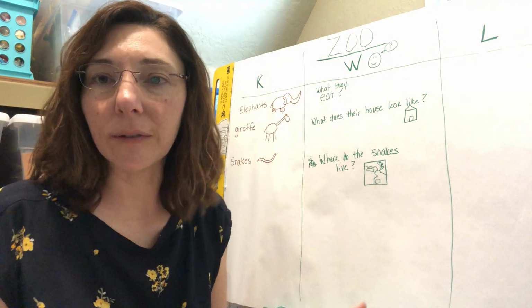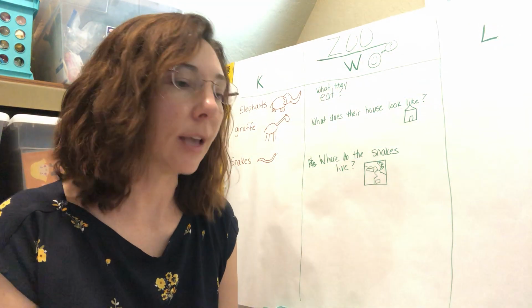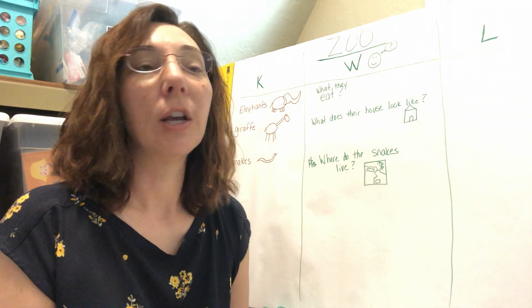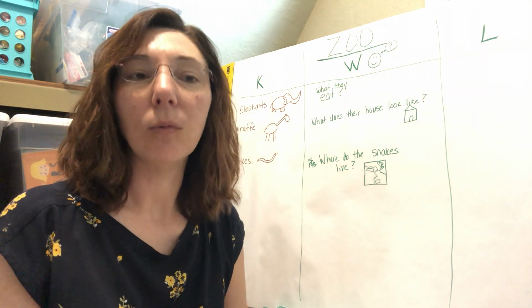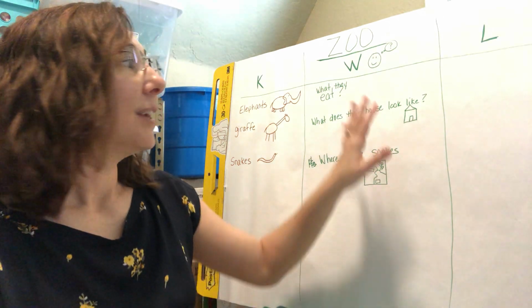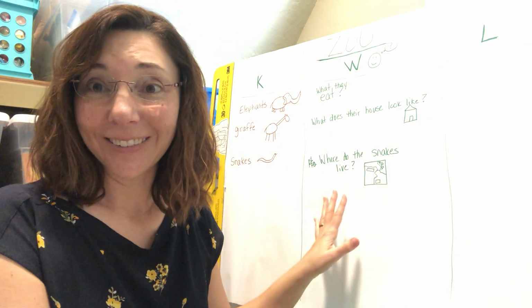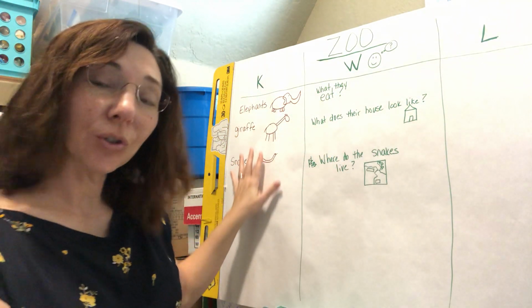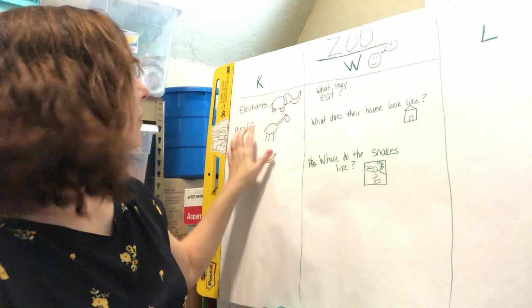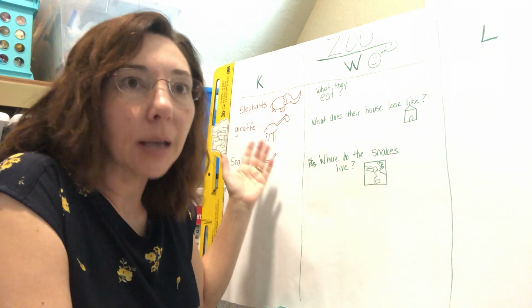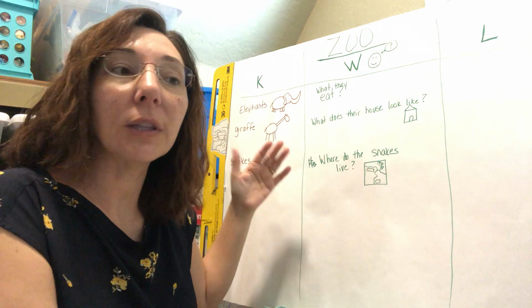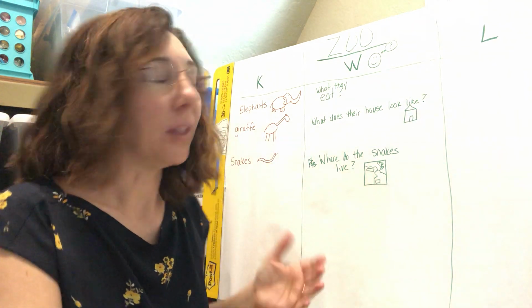So now you have information that you can start with, and you can say, okay, I'm going to do some research and we're going to get our plans together, and then we'll learn about the zoo. This is assessment data right here. This tells you what the children know, and not all of them are going to know everything about elephants. Somebody knew something about an elephant, so at least somebody knows something, right?